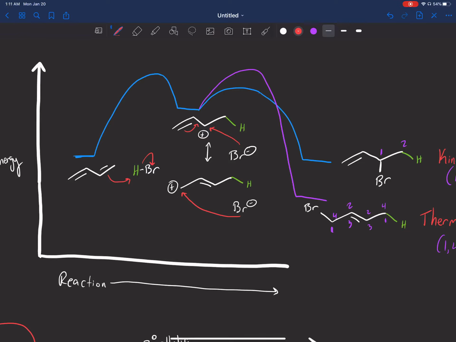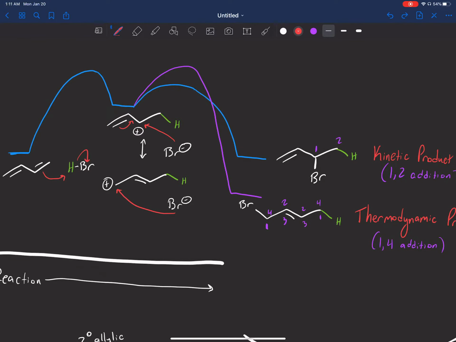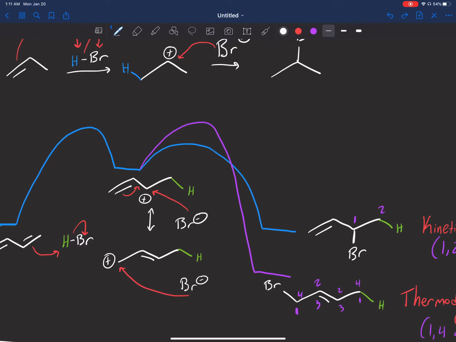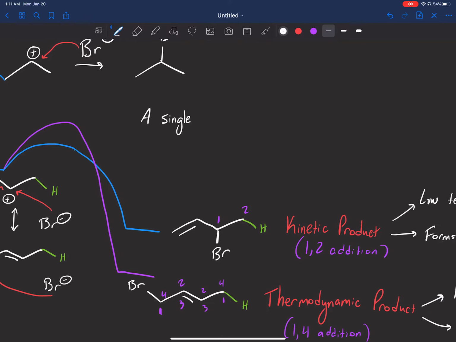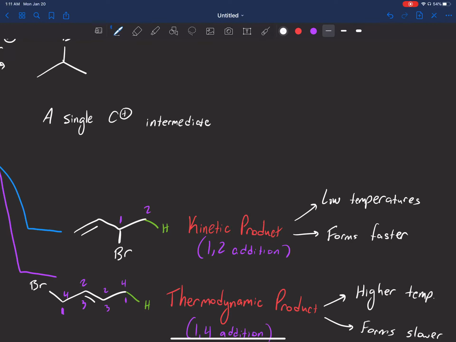One key thing that you should know is that while I showed you the resonance structures here, when dealing with the actual theory behind it, this reaction, when dealing with kinetic thermodynamic, forms a single carbocation intermediate with two electrophilic sites.